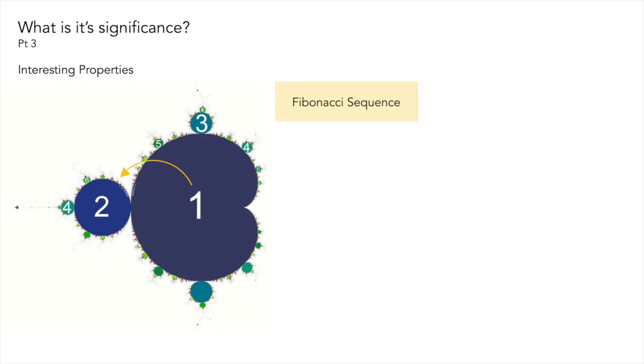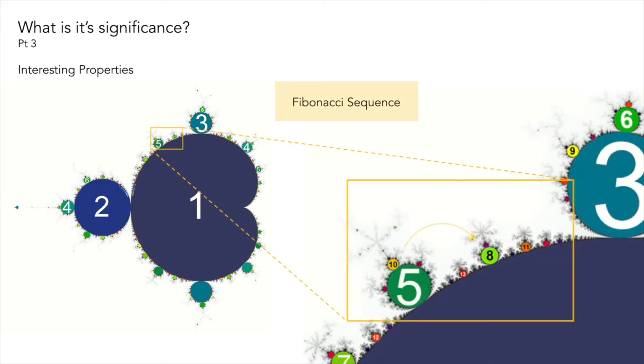Now if we go from 1 to 2 and 2 to 3, and then look for the next lowest number in between, we get 5, and if we continue this, we get 8 and 13, and the Fibonacci sequence seems to emerge, and we can keep going down this route for as far as you can go, really.